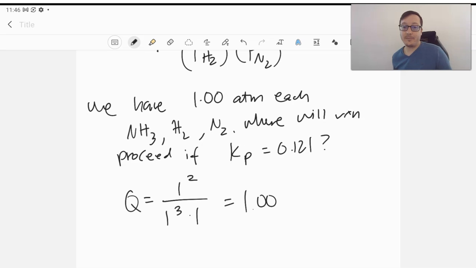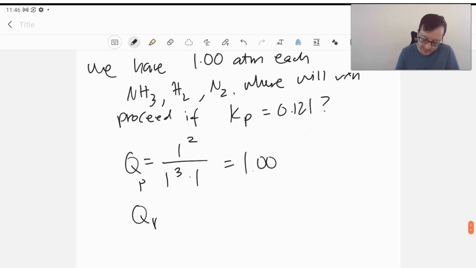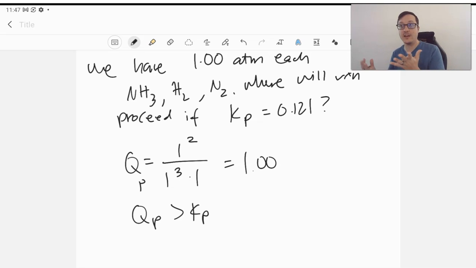We want to compare that with Kp. So our Qp is 1, and in this case we have Qp that's greater than Kp. Remember that this is a ratio of products over reactants. So Qp is too big, right? We want to reach Kp. Kp is our equilibrium. If Qp is too big, you have too many products.